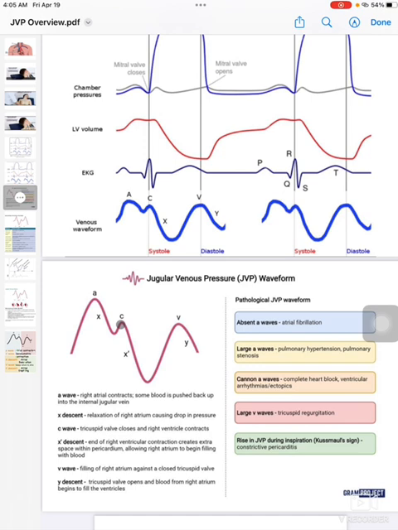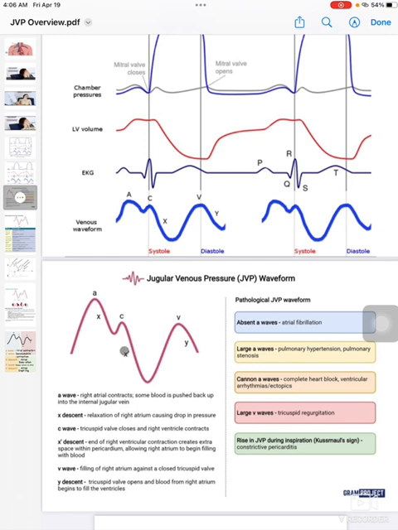Now, X descent part 2. The second part of the X descent occurs during the final phase of right ventricular contraction when the ventricle is in its most contracted state. It is physically much smaller than when in its relaxed state, resulting in the creation of extra space within the pericardium.